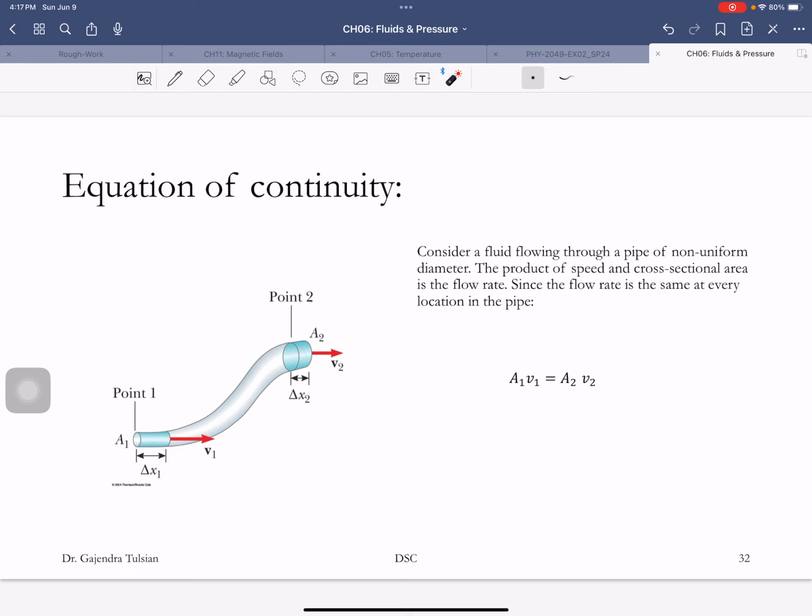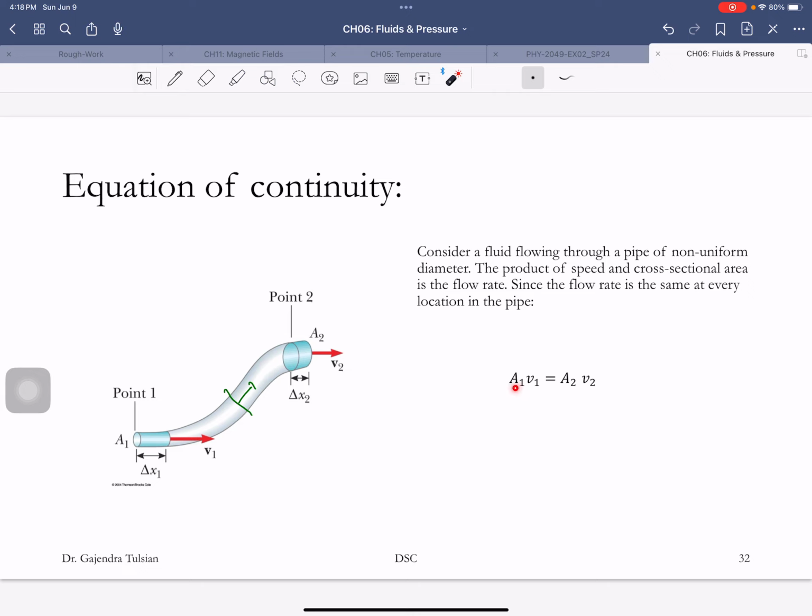Okay, so here's a pipe whose area is changing, and if there's no leaks, whatever fluid flows in has to flow out. So if 5 gallons a minute are flowing in, 5 gallons a minute must flow out. In fact, at every location, 5 gallons a minute are flowing. So this fact is given by this equation.